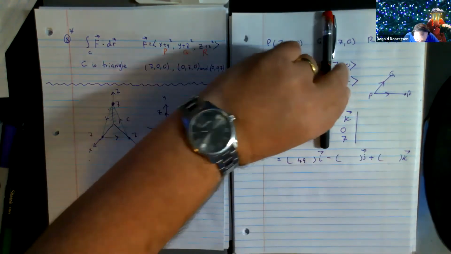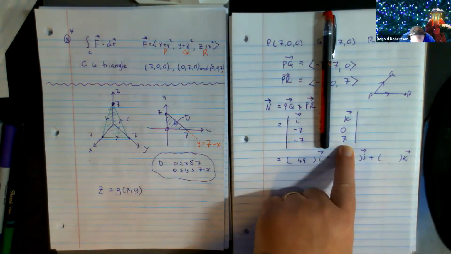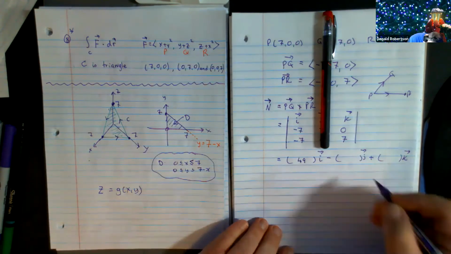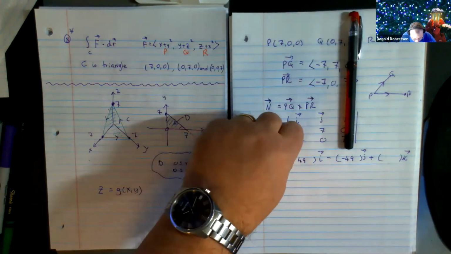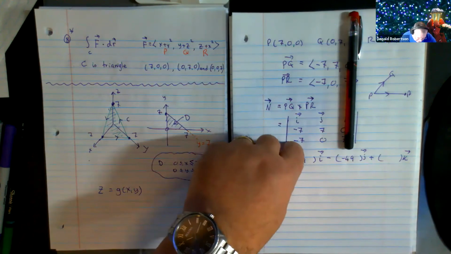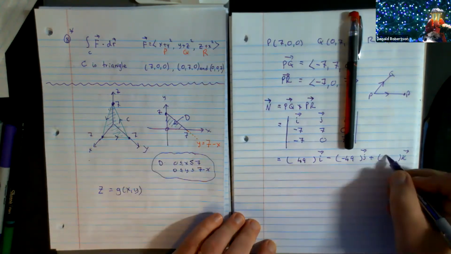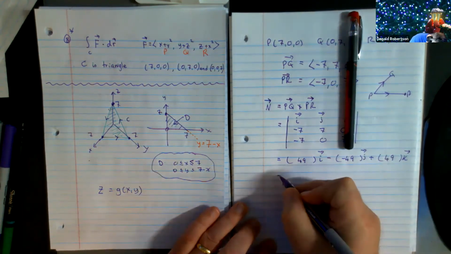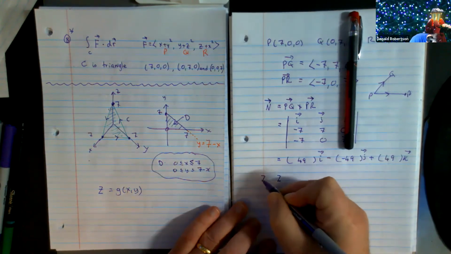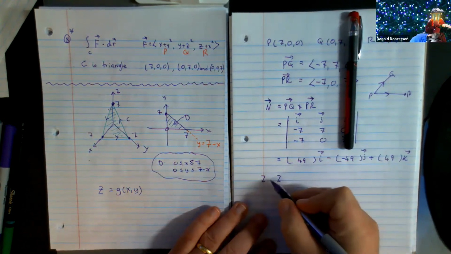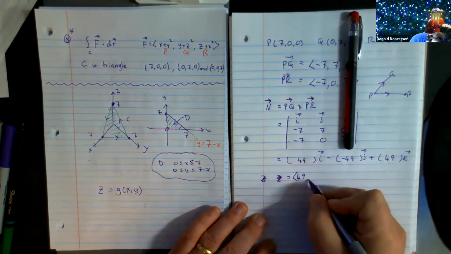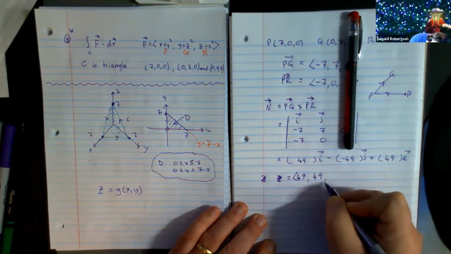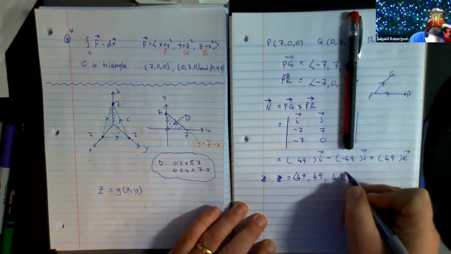If you cover this guy up, you get -49 take away 0. And if you cover this guy up, you get nothing, take away a negative, so you get add 49. And so, oops. We get 49. Two negatives make it 49. 49.